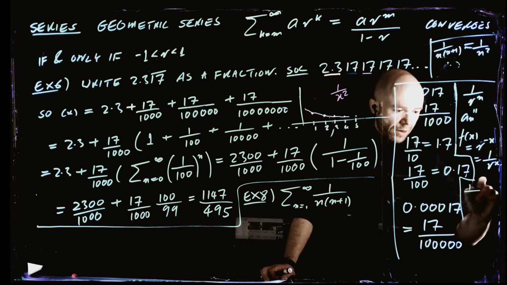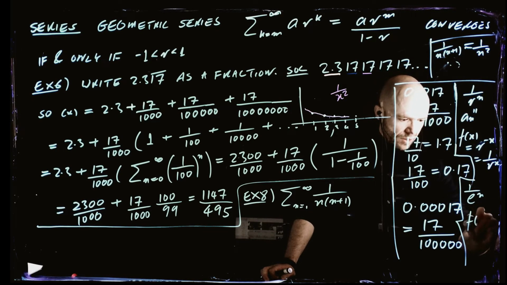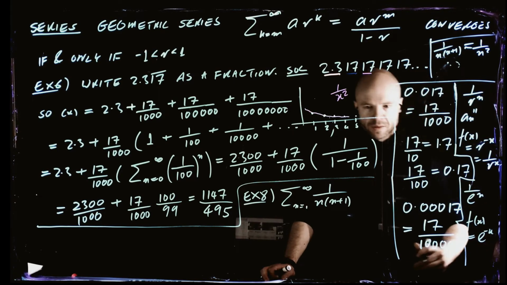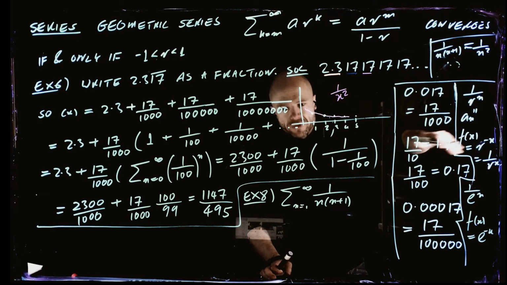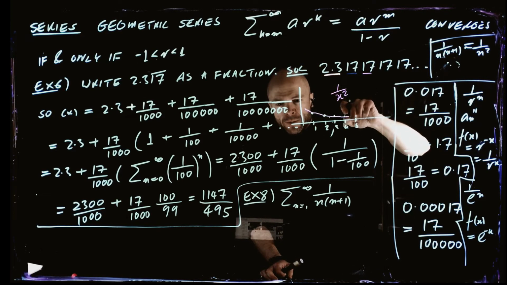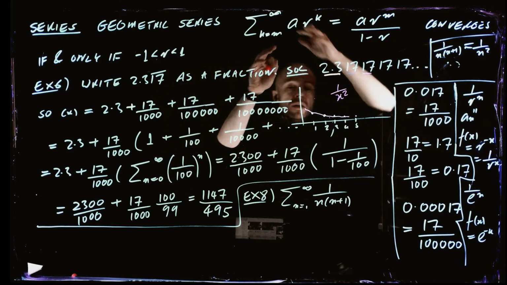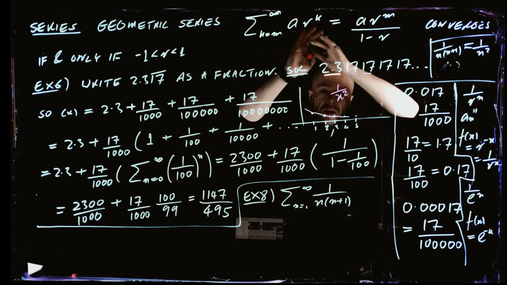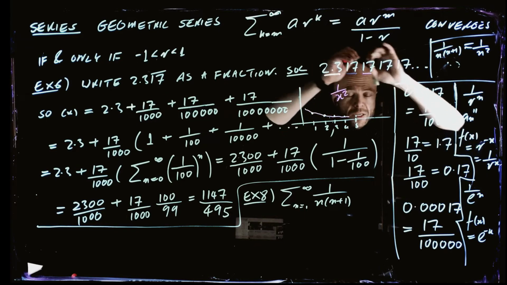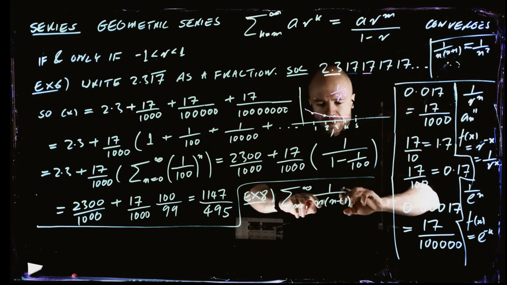So for example, if we had 1 over e to the n, right? Then the function that recovers this is f of x is equal to e to the minus x, right? Which is going down incredibly fast, way faster than 1 over x squared. Yeah? So this geometric series stuff here is converging, is a sequence of points that's going to 0 way, way faster than these guys.